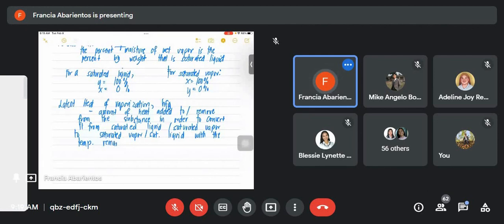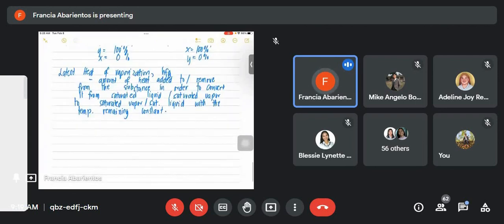So, how do we find the hfg, or the enthalpy, which we call the latent heat of vaporization?